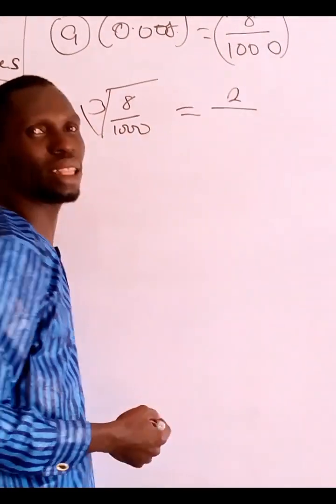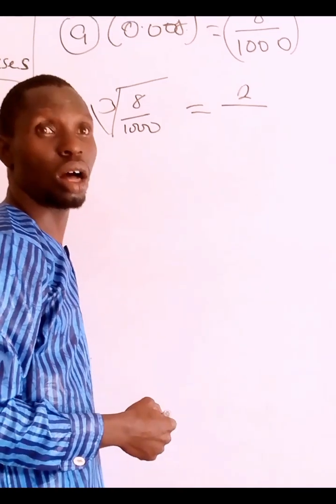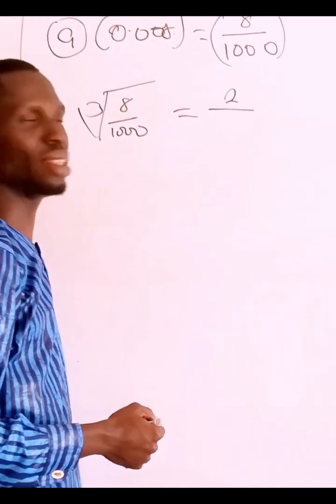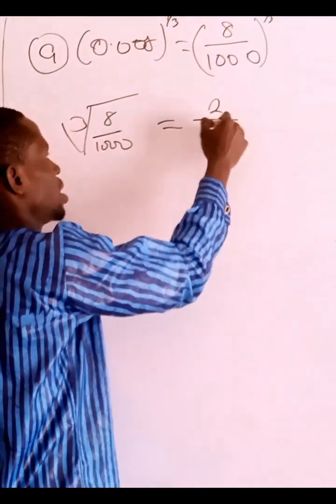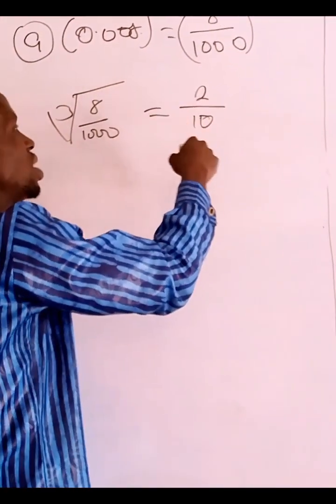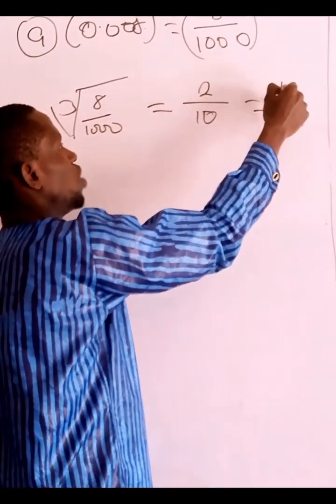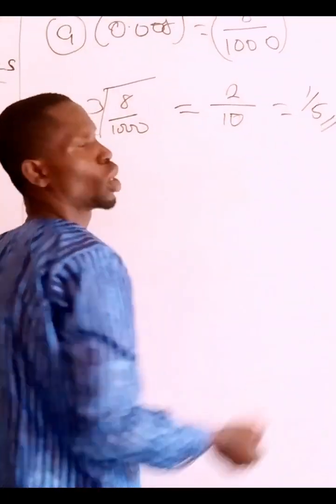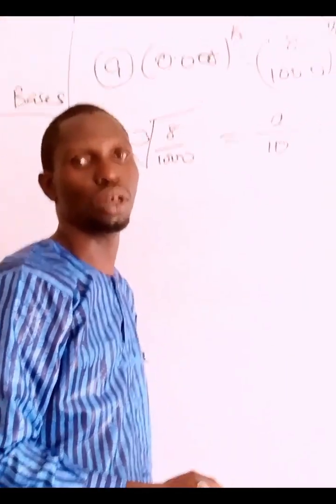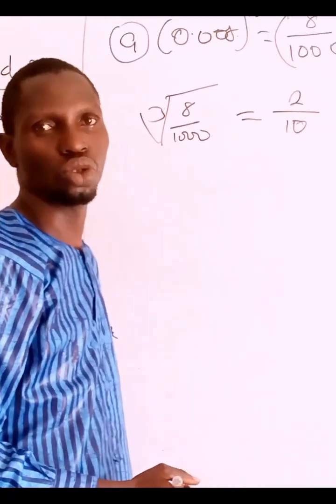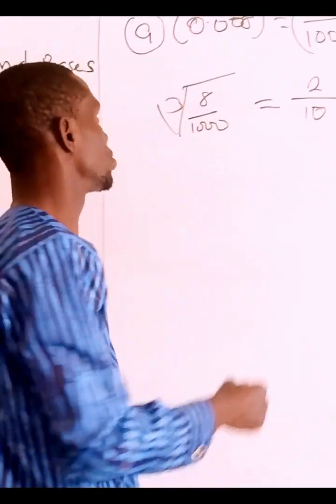Then the cube root of 1000 is 10. We multiply 10 three times, it gives us 1000. So our answer is 2/10, which is the same thing as 1/5. I hope you understand that. If that is understood, I think we can proceed to the second example.